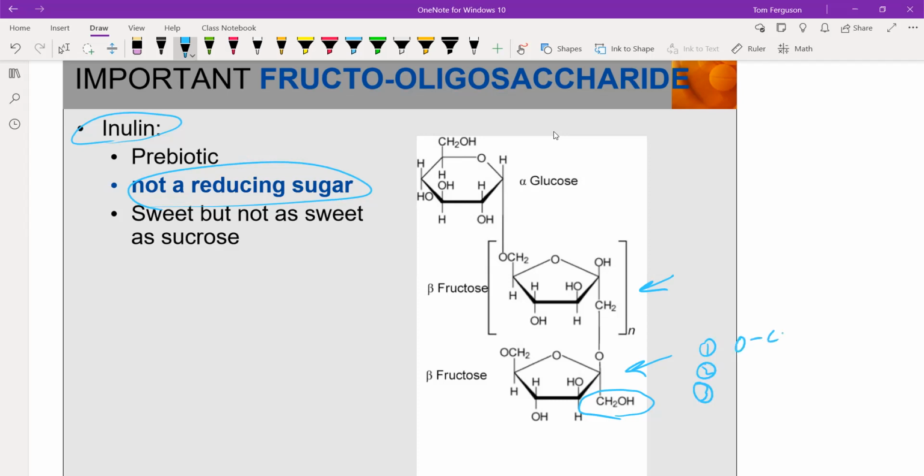Is there an OCO? Well, let's look at this now.